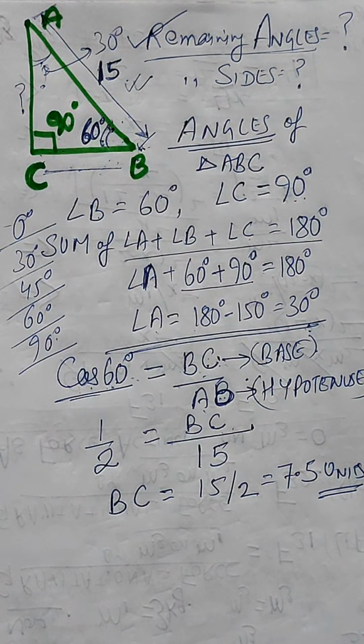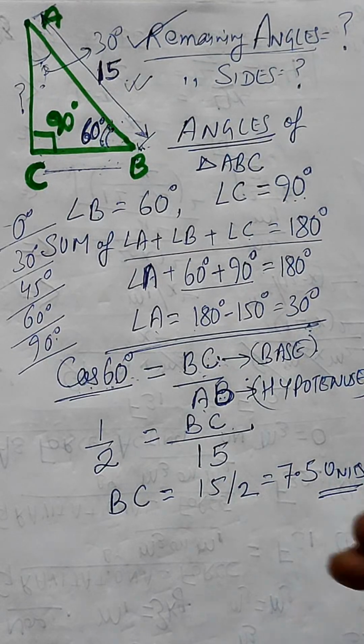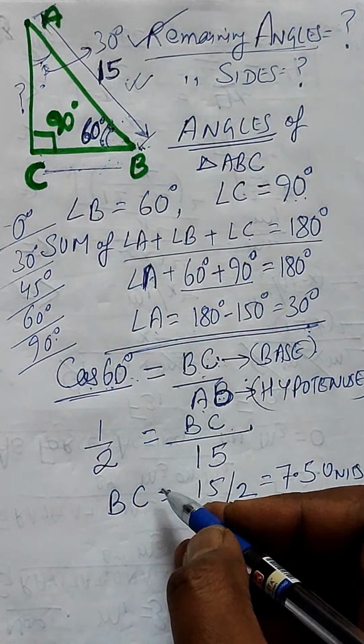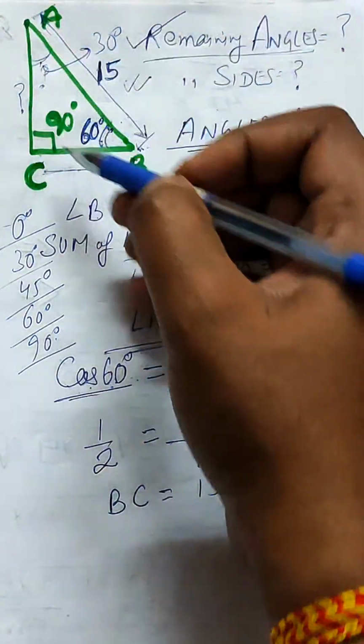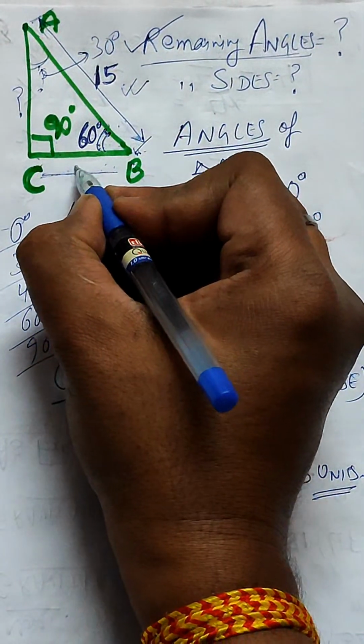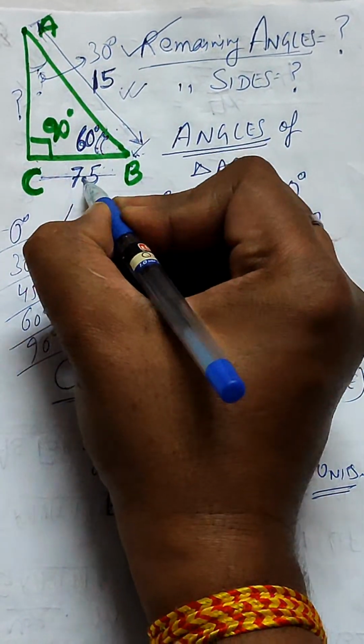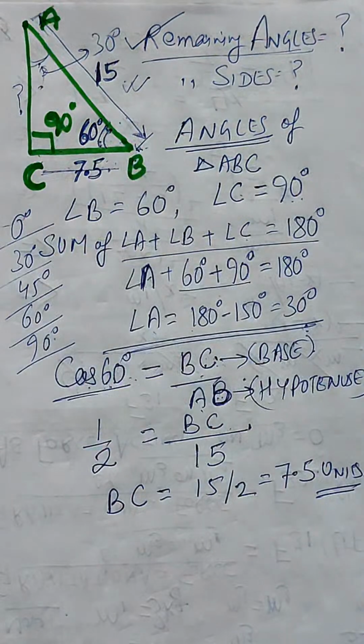The value of BC is calculated as 7.5 units. So this is your answer for BC.